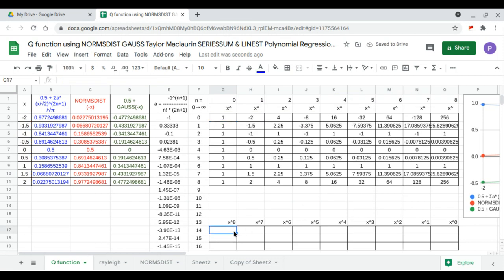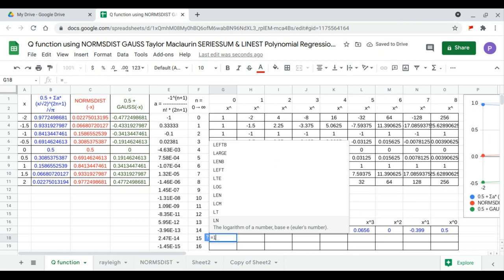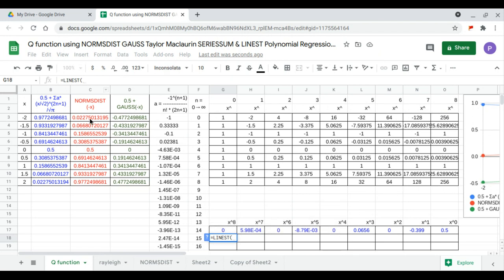Now we can enter LINEST, starting with the Q function. So LINEST data y and data x, followed by the NORMSDIST function. LINEST data y and data x, followed by the GAUSS function.